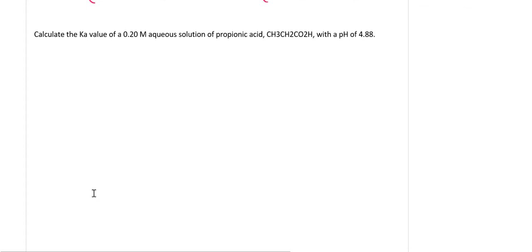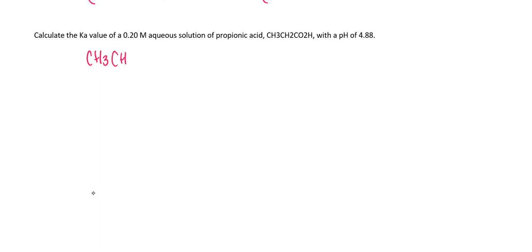All right, next example. Calculate the Ka of a 0.2 molar aqueous solution of propionic acid with a pH of 4.88. All right, so again, the acid will dissociate.